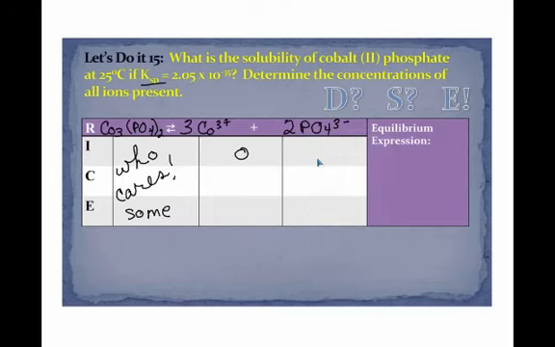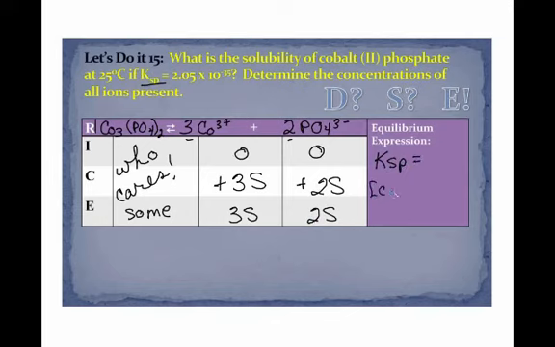I could have put, say, cobalt 3 nitrate in. No other source of phosphate. So that's a big fat 0 there. Now this is plus 3 times the solubility because that's a 3-to-1 ratio. And this is plus 2 times the solubility because that's a 2-to-1 ratio. So I have 3S and 2S.